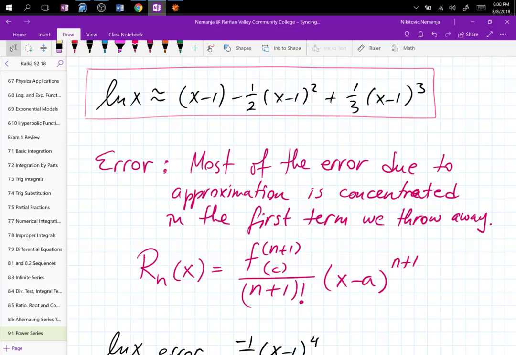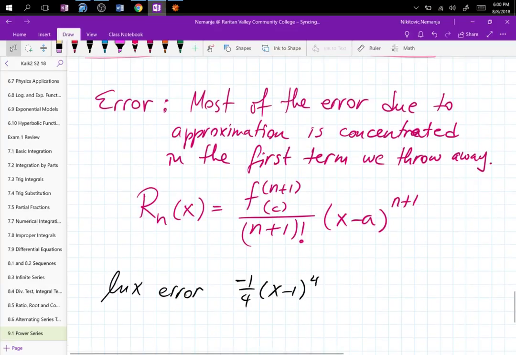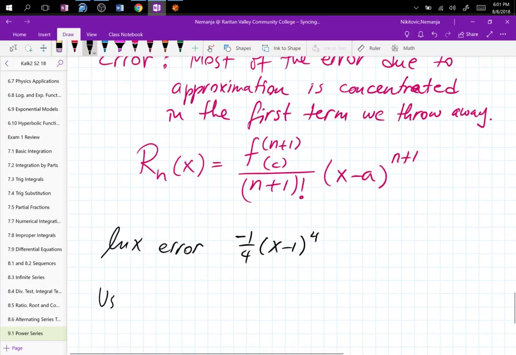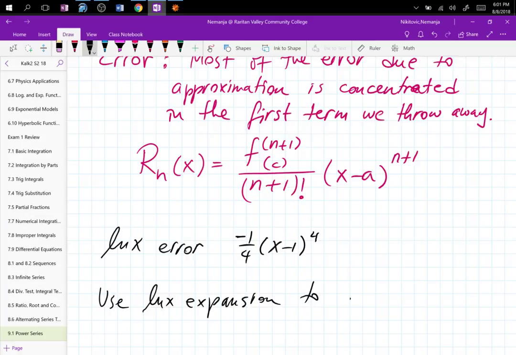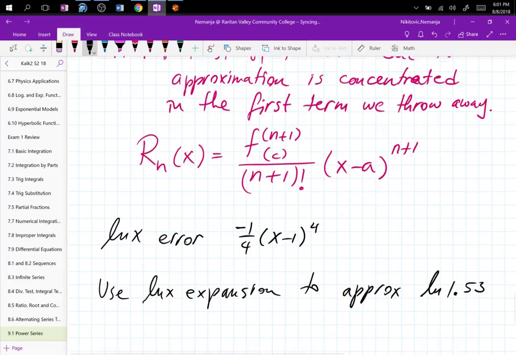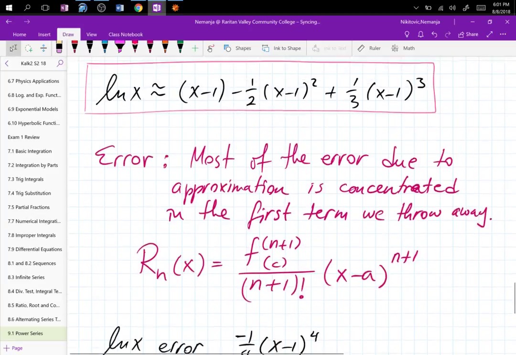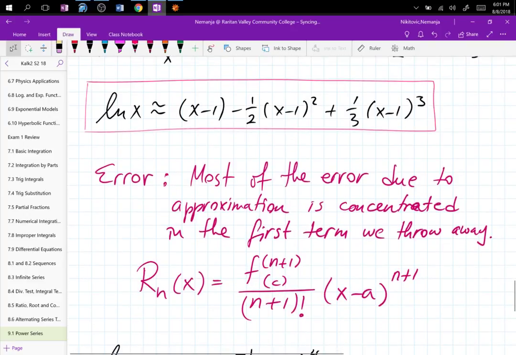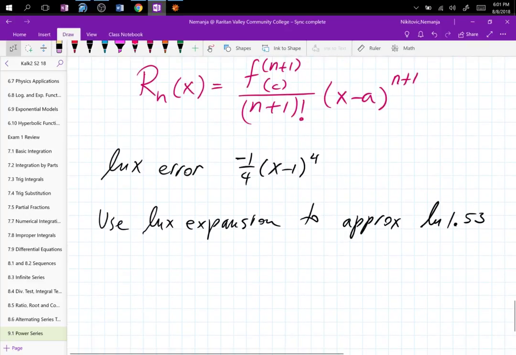So now what I want to do is use the ln x expansion to approximate ln of 1.53. That means I get to place 1.53 in every single one of these.